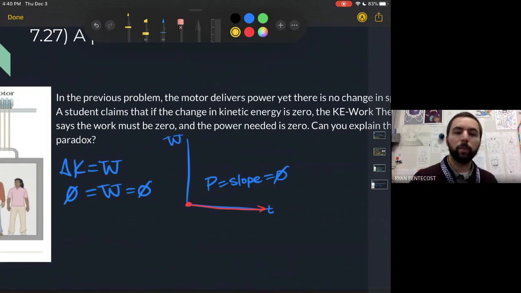So the reason there is power is because there's so much resistance that needs to be overcome. Plus, it takes power to convert that kinetic energy into potential energy, which is exactly what that elevator is doing. All right, so that's all we have for chapter 7. Next chapter, chapter 8, we will continue this discussion and we'll go over conservation of energy.